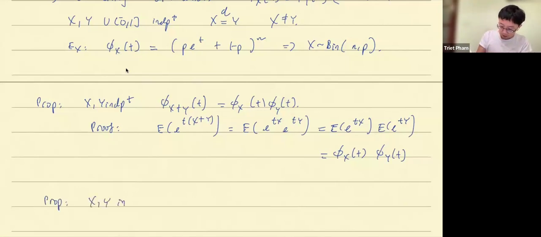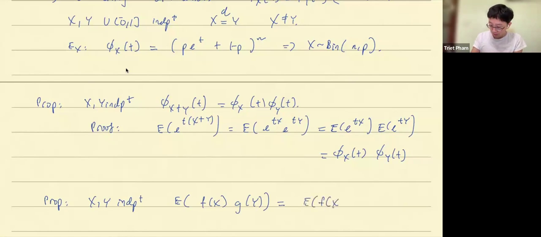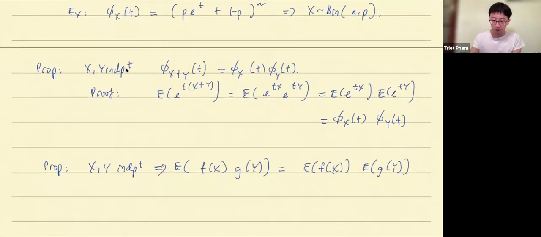If X, Y are independent, then the expectation of any function of X times any function of Y will be the expectation of that function of X times the expectation of that function of Y. Now, this direction I feel is intuitive to a lot of folks, and it's going to be easy to prove.